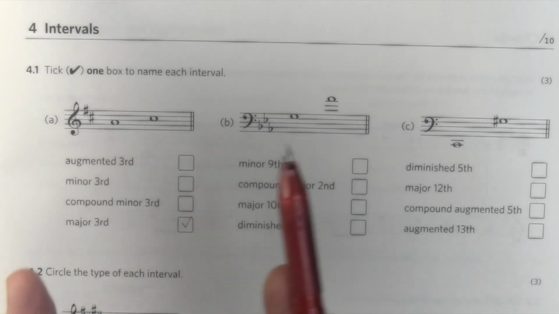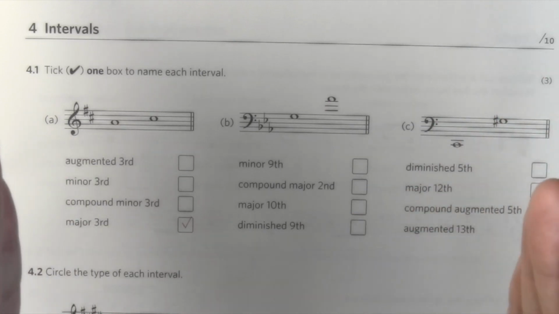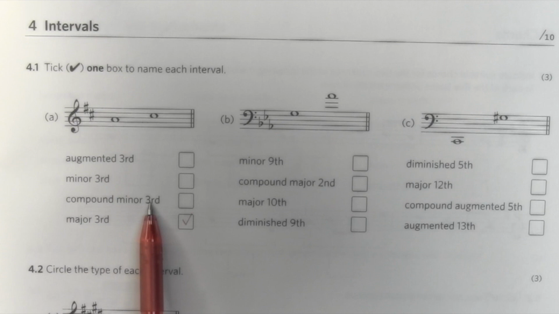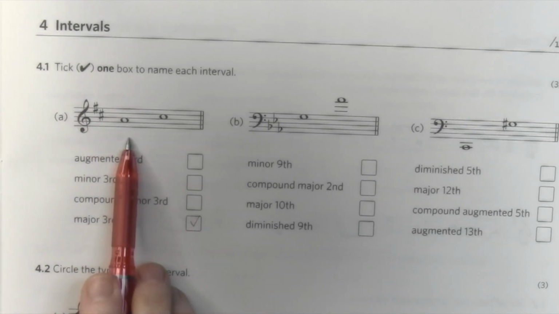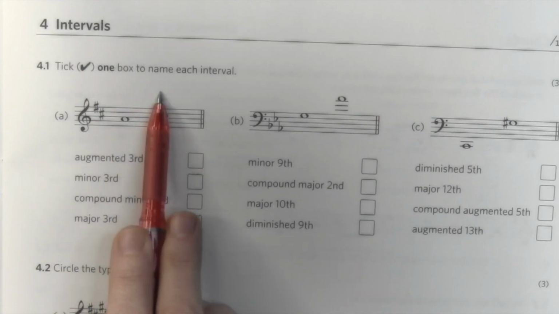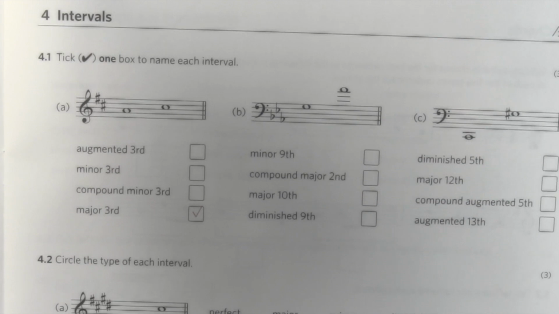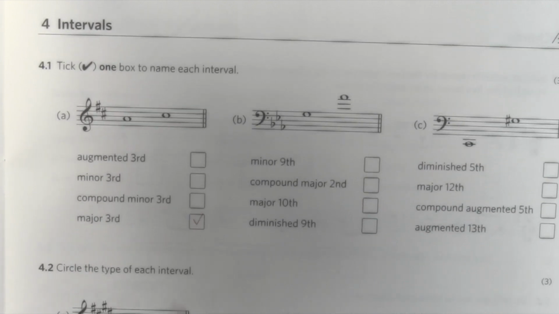So we have to increase the distance between the notes. Or compound minor, indeed, it can't be because that must have been an octave lower, or this one an octave higher, because it's a compound. So it's more than an octave apart. So our answer is a major 3rd.